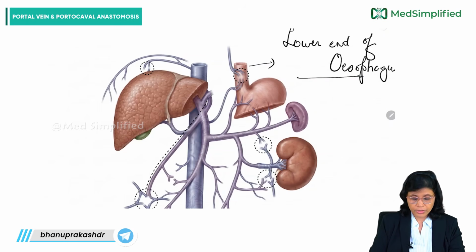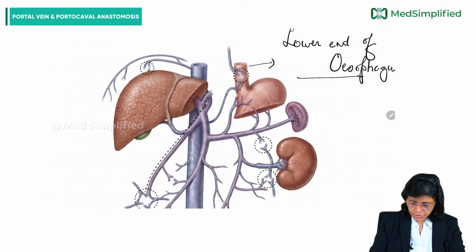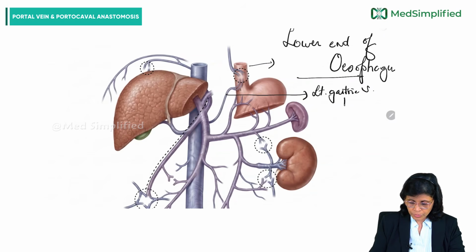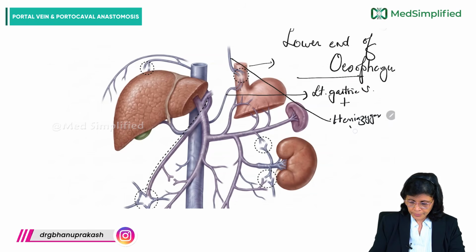From the portal system, we have the esophageal tributaries of the left gastric vein, that belongs to the portal system, and this will anastomose with the esophageal tributaries of the hemiazygous vein.